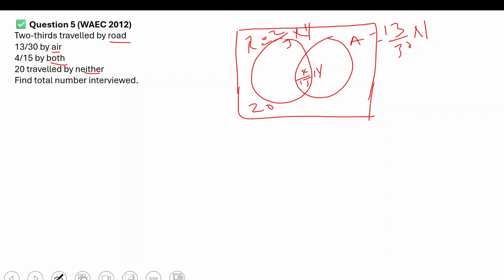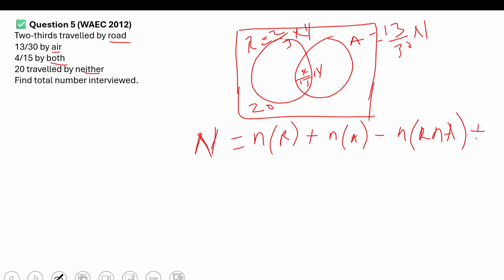It's a prime complement. So find the total number that travel. So the formula is the universal set, total number n, is equal to the number of people who travel by road plus the number of people who travel by air, minus the intersection of road and air, plus neither.